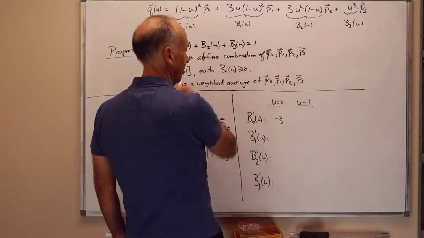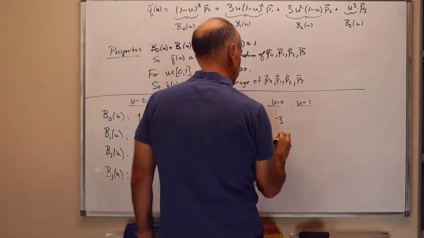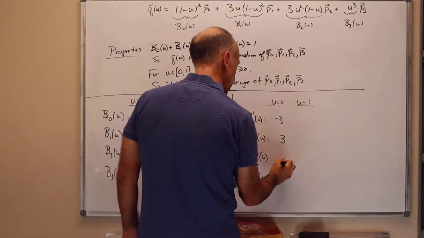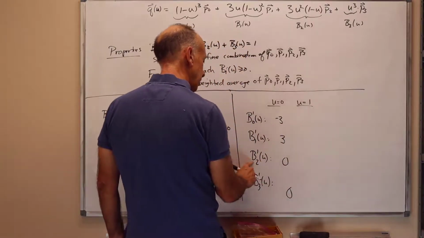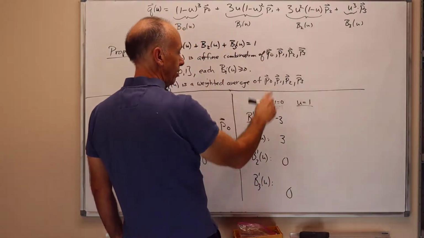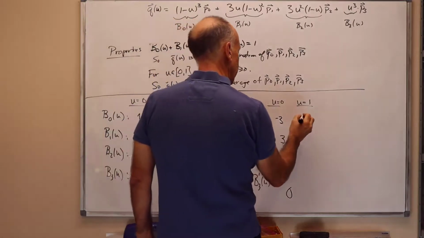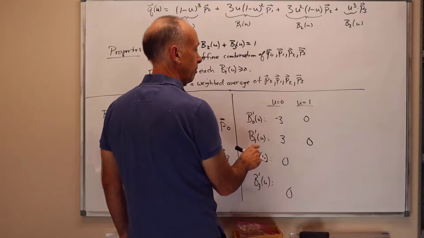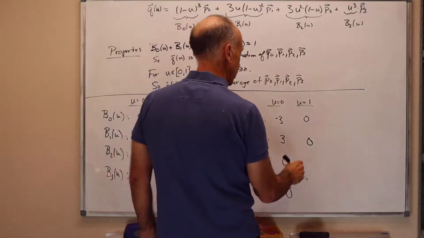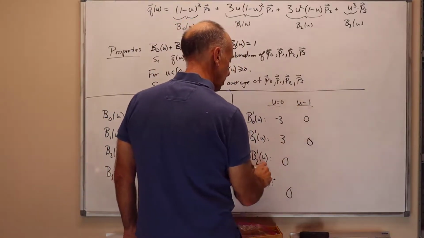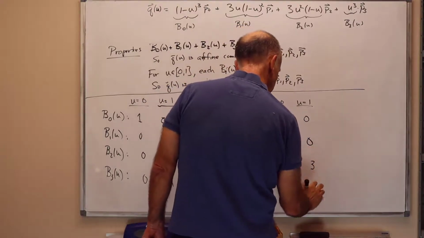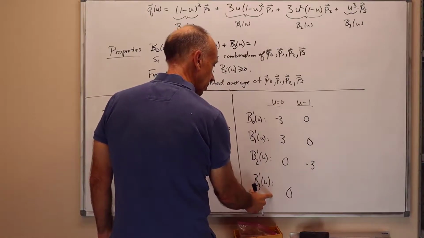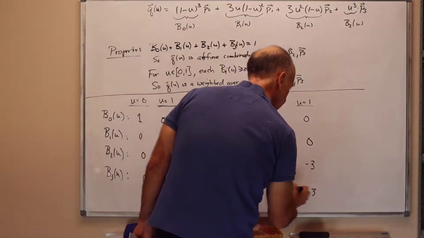You can just plug in here and see that that works. The derivative of B1 of u is positive 3. The derivatives of B2 of u and B3 of u are 0 at u equals 0. On the other hand, the derivatives of B0 and B1 at u equals 1 are 0, whereas the derivative of B2 at u equals 1 is negative 3, and the derivative of B3 at u equals 1 is positive 3.